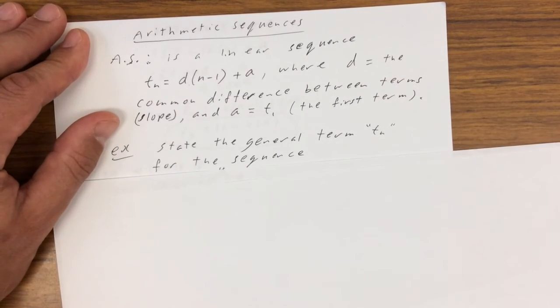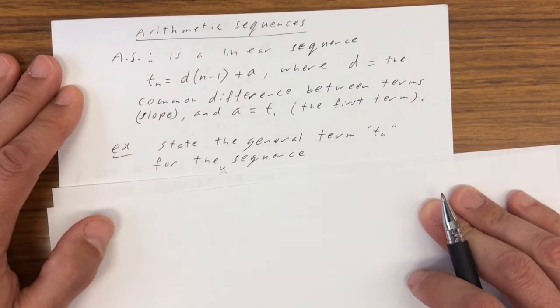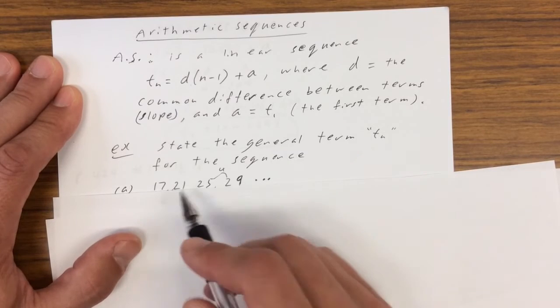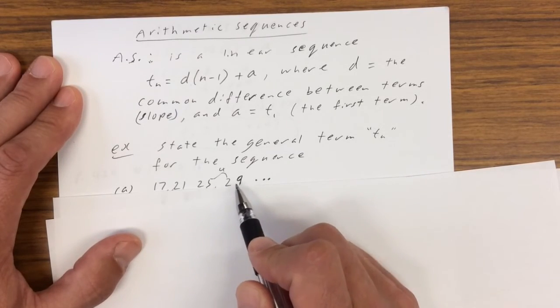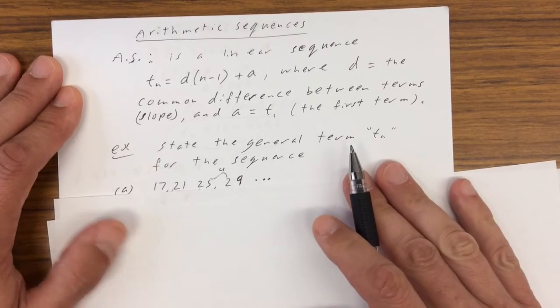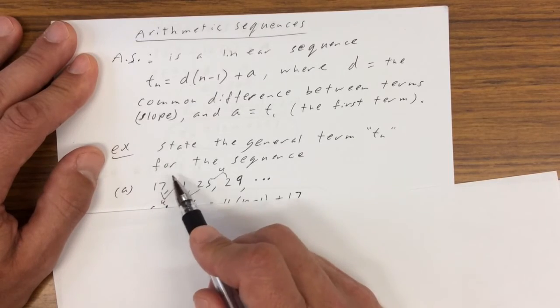Okay, so if you want to state the general term, which is the formula, so a general formula for this sequence, 17, 21, 25, and 29, and so on. Well, we notice that the common difference is 4. Okay, so it keeps going up by 4.